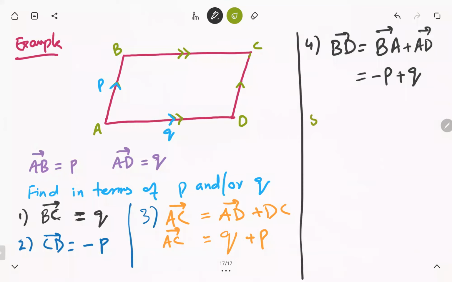Okay, next is the vector CA. Okay, without telling the direction, you can just give the direct answer. CA, Hamza Anwar, how to find vector CA? What will be the answer for CA?